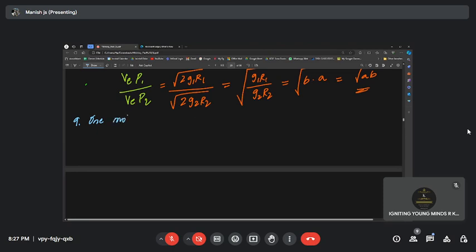1 mole of monoatomic gas behaves ideally at 27 degrees Celsius.